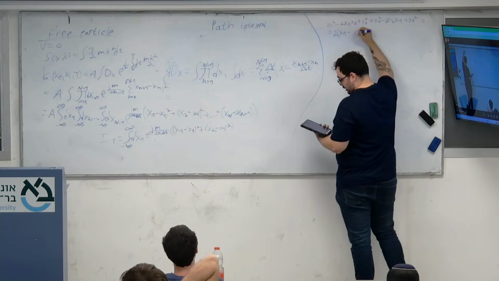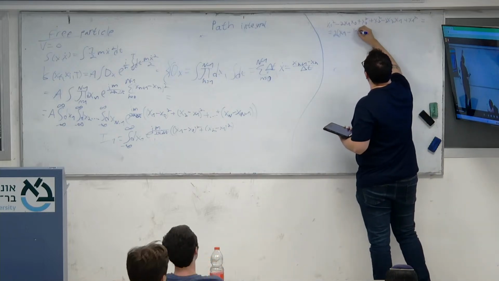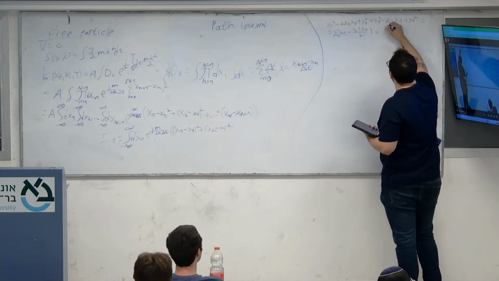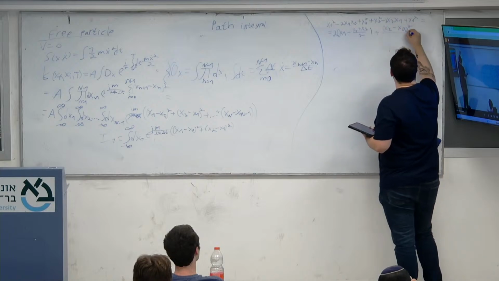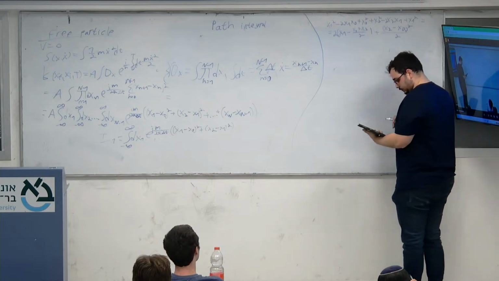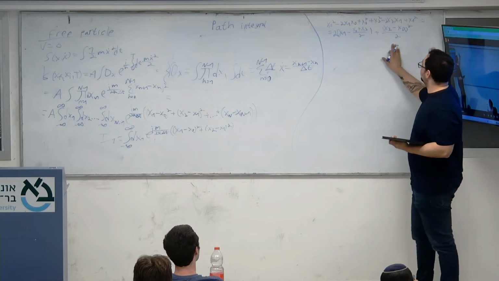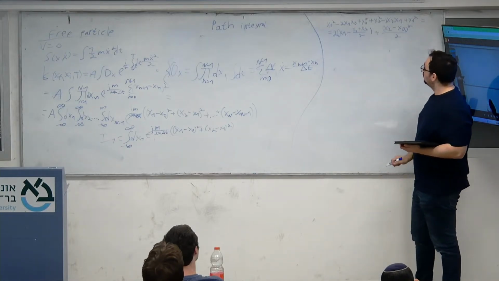which would be equal to 2 times x1 minus (x0 plus x2) divided by 2, squared, plus (x2 minus x0) squared divided by 2. Now this last term has no x1 in it, so we can take it outside.